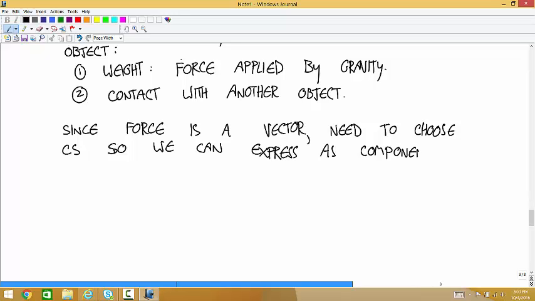And we haven't seen this before, but now we're going to have to limit the coordinate systems that are allowable to us. Not all coordinate systems are allowable anymore.